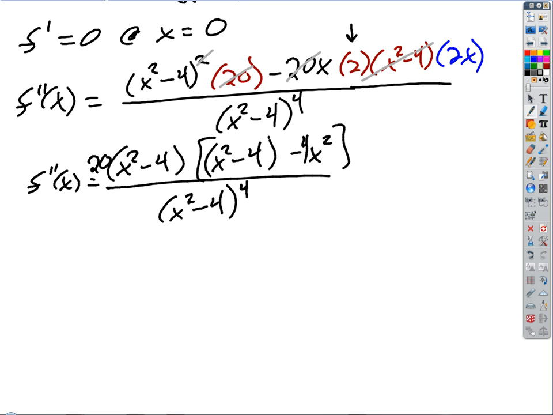If you count the 20, we have 3: 20 times the quantity x squared minus 4 times this other quantity that we'll simplify. These are like factors, and because they're factors, we can cancel them. What's the power gonna be left on the bottom? 3. So we end up with a third power.